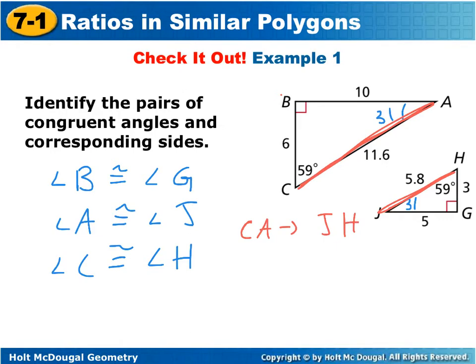What's another pair of corresponding sides? BC and HG. Perfect. Those are both the two smallest sides. The smallest side corresponds to the smallest one. And what's our last pair? BA and GJ. Perfect.